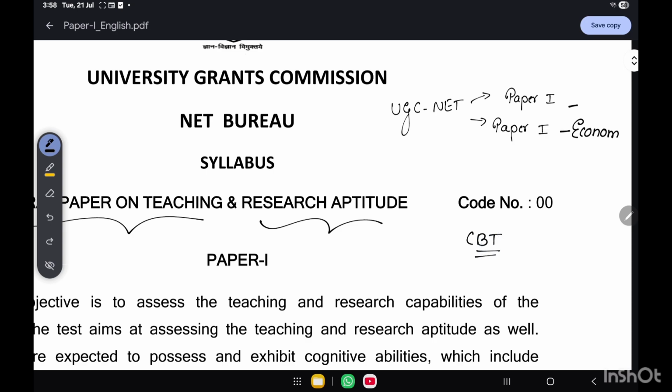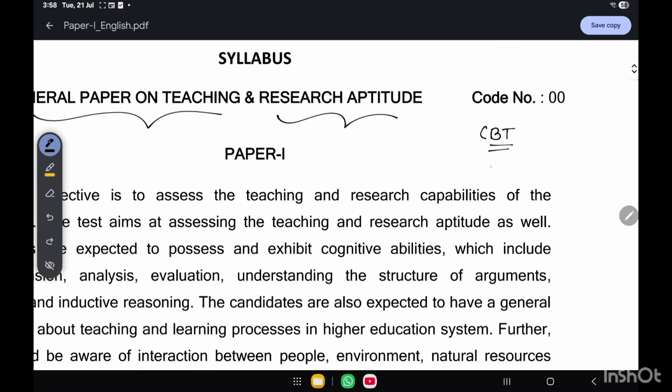The conducting body is the NTA, the National Testing Agency. The exam duration will be 3 hours and there is no break between the papers.